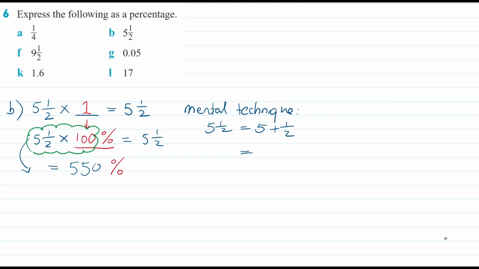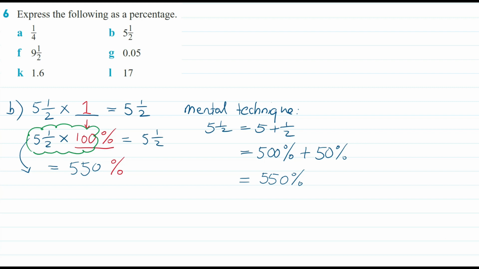Therefore, you can expect 5 to be equal to 500%. It's just 5 times larger. Now, half is equal to 50% from our previous calculations. And altogether, that makes 550%. So you can do this mentally without using the calculator if you're familiar with the conversion of these simple numbers.